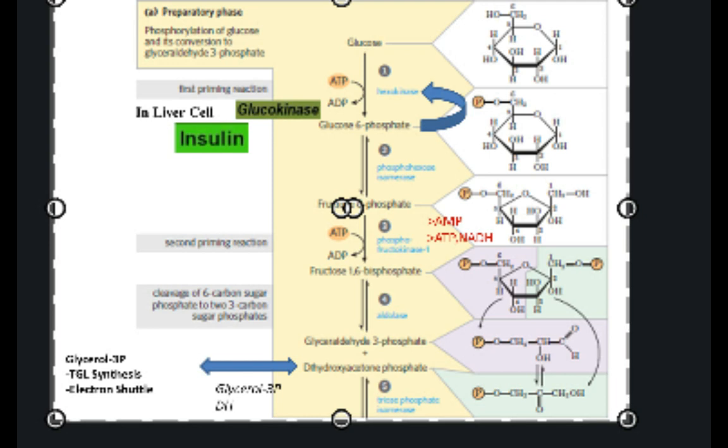And when insulin is released in the liver, more glucokinase will be produced, and it will further increase phosphorylation of glucose, and glucose will convert into glucose 6 phosphate, and glucose 6 phosphate into fructose 6 phosphate.